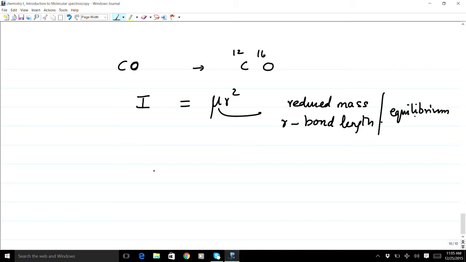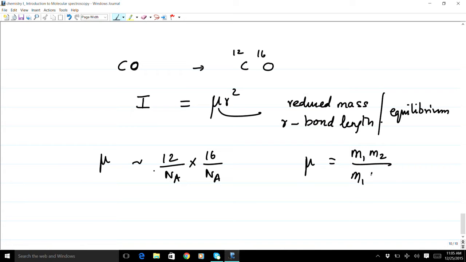Equilibrium, if you do that, then approximate masses for carbon monoxide, you calculate by 12 grams divided by the Avogadro number, which is the atomic mass, and 16 for oxygen mass divided by the Avogadro number. Please remember, reduced mass is M1 M2 by M1 plus M2, where M1 and M2 are the two masses that you have.